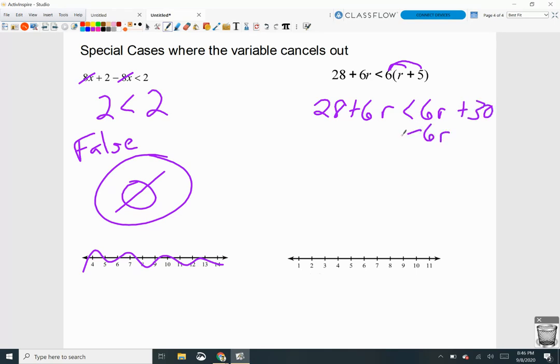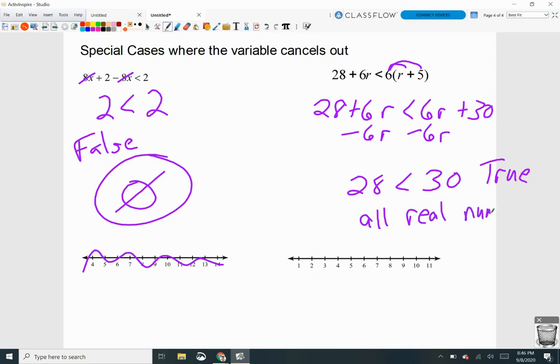Subtract 6r, either one, and you're left with something similar to the last one, but a little bit different. The difference is this statement is true, which means absolutely every real number is a solution to that inequality.